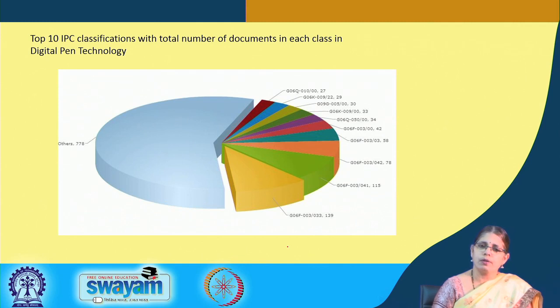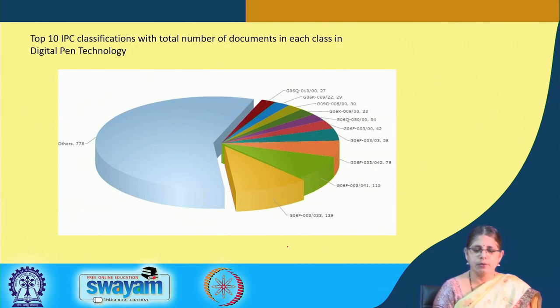Since we talked about the value of digital pen from the point of view of developments in the area of electronics on one hand, from the point of view of manufacturing, and also from the point of view of computer sciences, it is important to keep in mind that there are certain IPC codes relevant to the digital pen. If one looks at the spread of the IPCs, one can understand which are the classes where you see a major representation of patents.